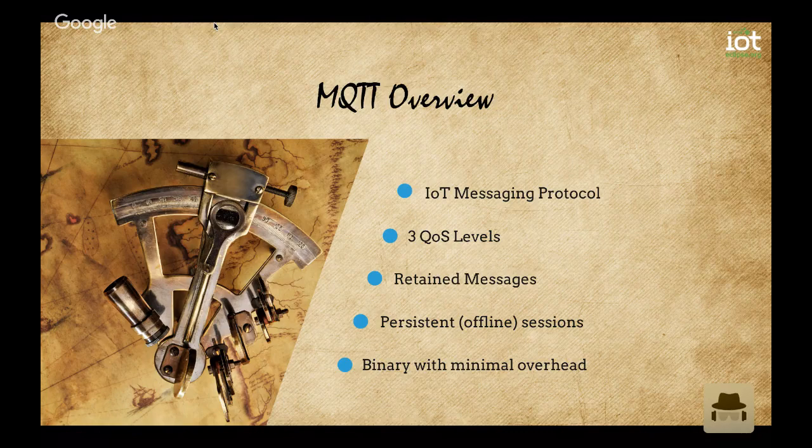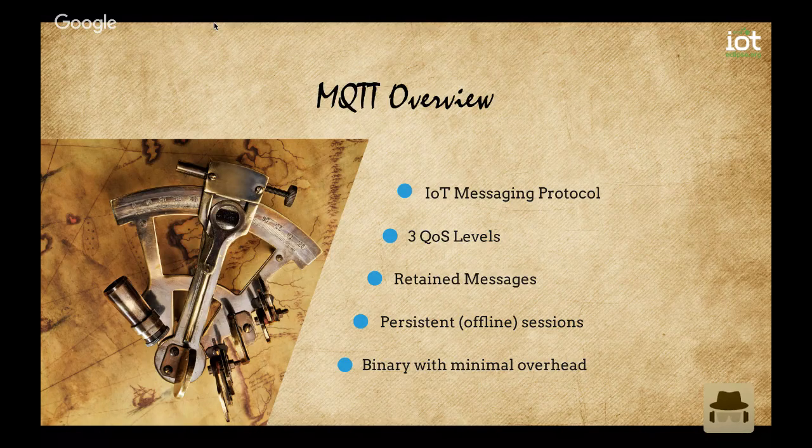MQTT has some very nice features which are unique to the protocol, like retained messages, which essentially allows you to save messages on your MQTT message broker, which I will explain in a minute if you are not familiar with the wording. And MQTT also allows persistent sessions. In scenarios where MQTT is used, you often have use cases where, let's say, you have a car and a car moves, and a car changes networks, and what could happen is that a device gets disconnected.